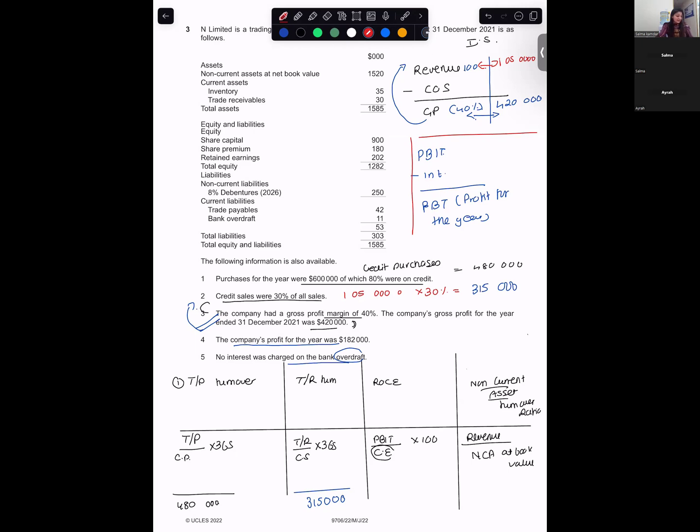This you should be very clear with. So profit for the year is 182,000. There is no interest on the bank overdraft, so that means interest is there only on this.